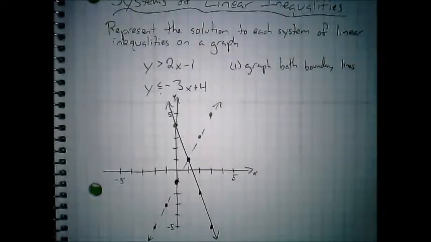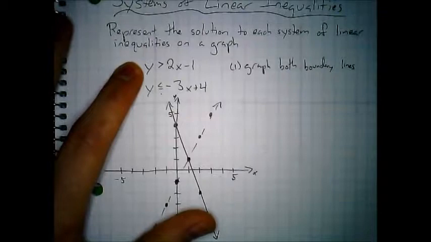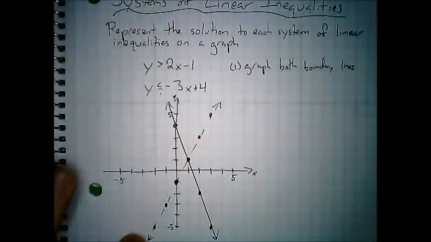So you need to listen to how we do it and then think through on your own why we're doing it this way. Why does it work? Why doesn't it work? And once you start doing that, you're going to discover how to do it a lot quicker. So, as you can see, we want to find when y will be greater than 2x minus 1. Okay, so here's our line where y equals 2x minus 1.